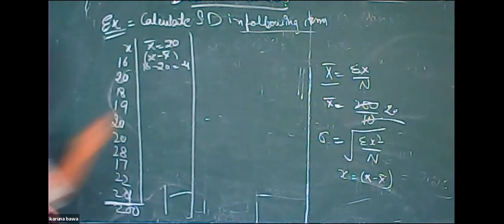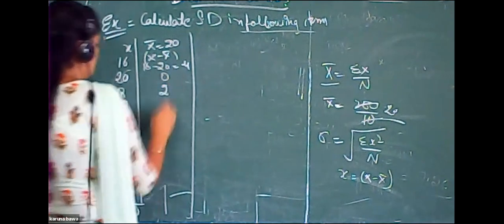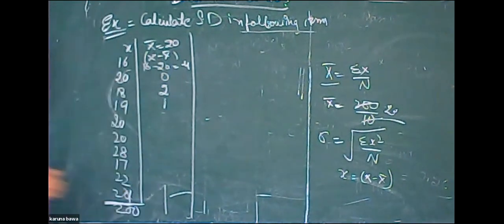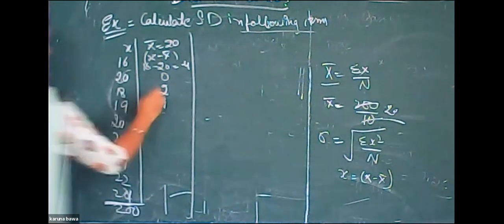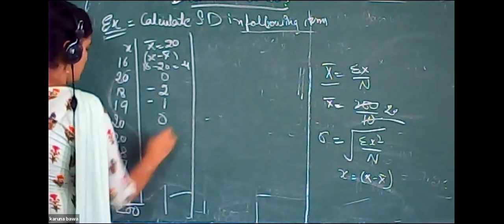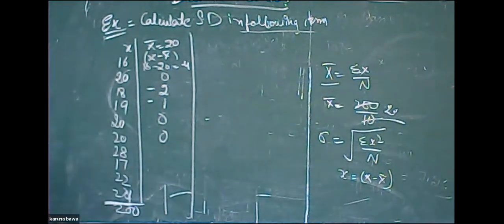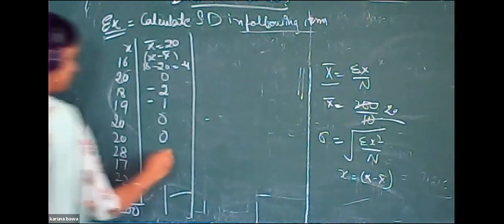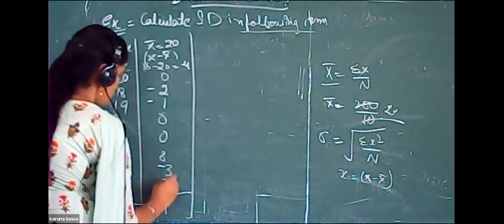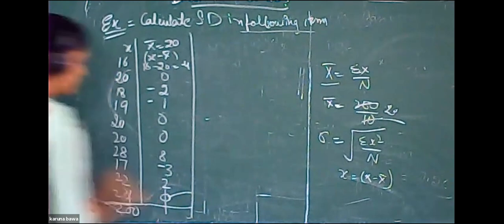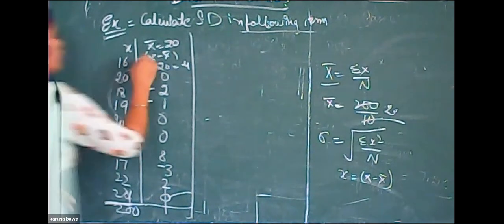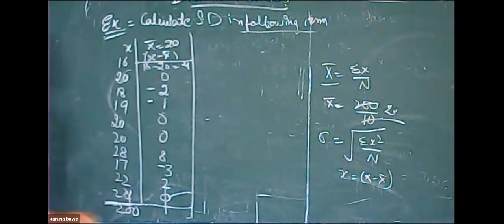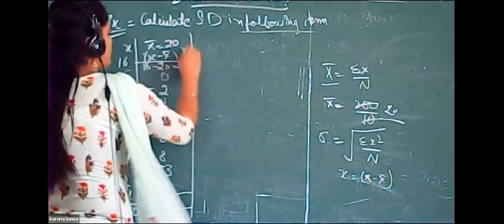Then 0, minus 2, 1, 0, 0, 8, minus 3, 2 and 3. So these are the values of x minus mean, also called small x values.